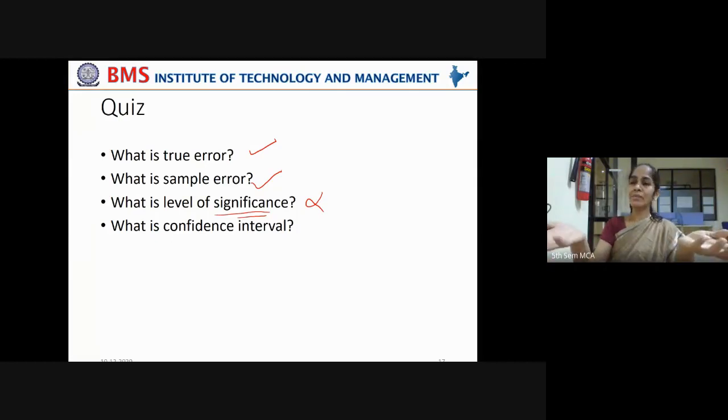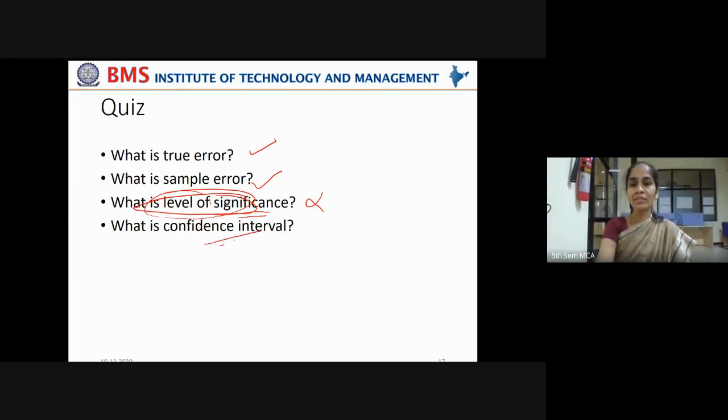But 95% of the time, your data set is supporting the alternative hypothesis, your statement that you actually want to accept. Okay, so that is called level of significance. 5% of the time your machine learning model may not perform well, but 95% of the time it will perform well. So there is a 5% risk with your model. That is called level of significance.